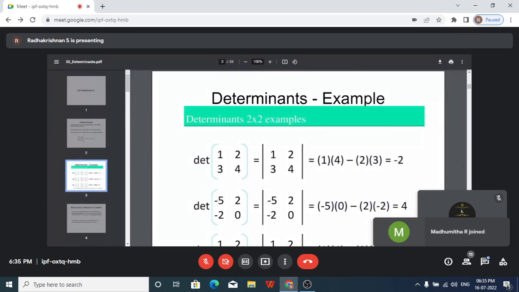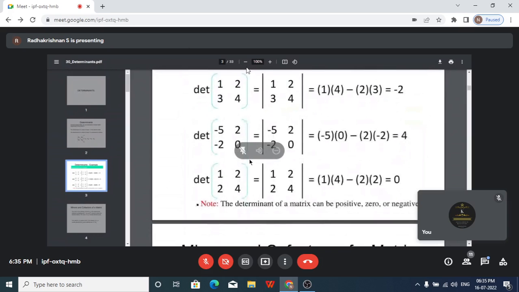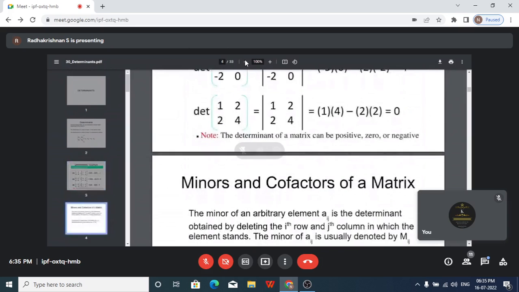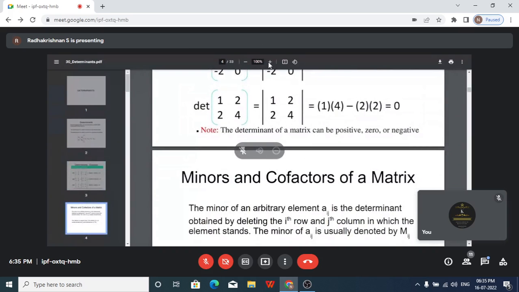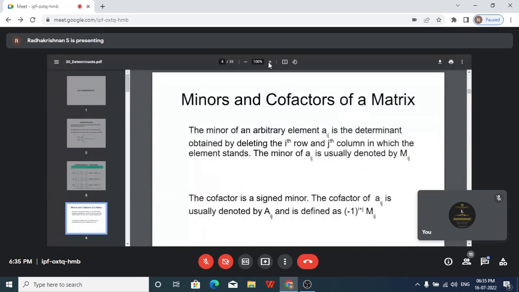So it evaluates to 4. So this is how you calculate the value of determinant. Okay. So I think you will have read about it. So I don't want to spend a lot of time on that.